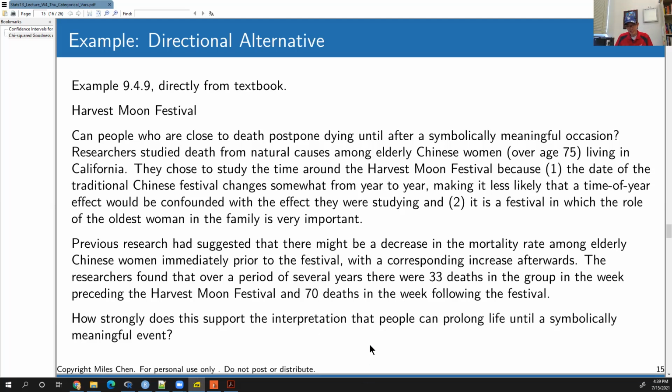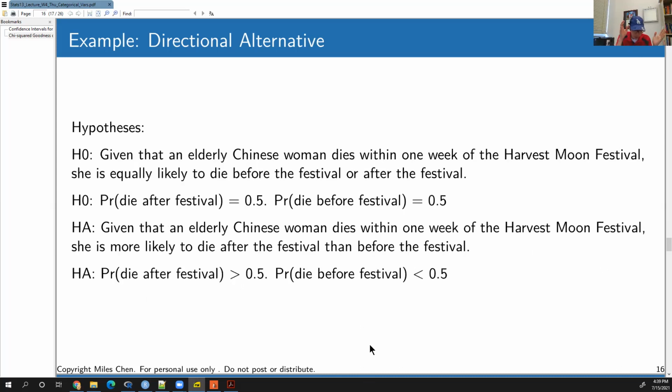Okay, so we have quite a bit to unpack here. What we want to do is test to see if the data fit our expected proportions or not. And so the null hypothesis in this case, we would write something like this.